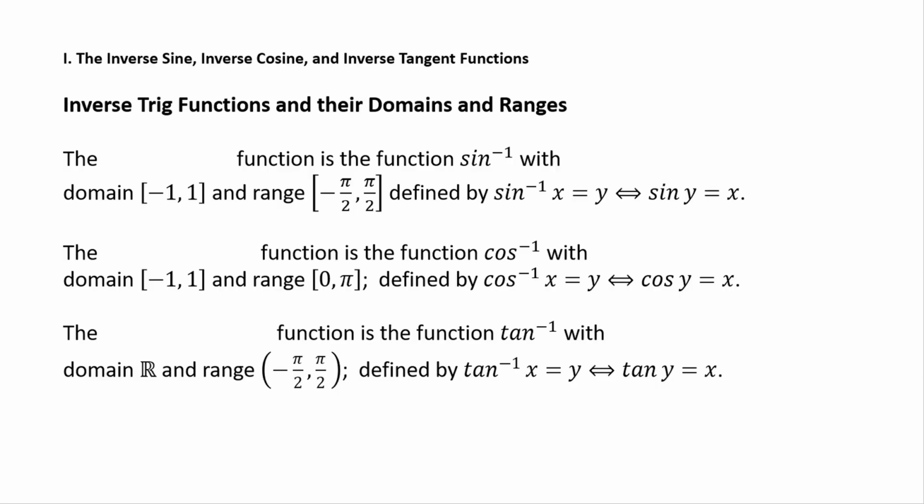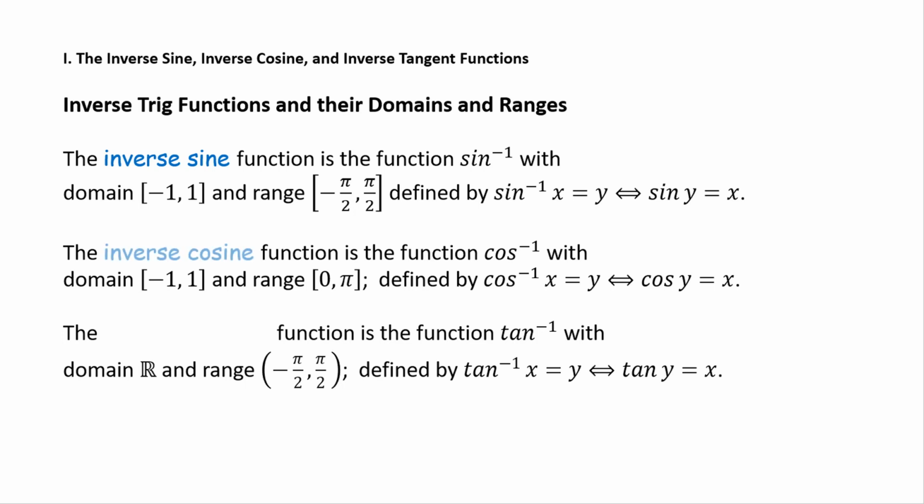Inverse trig functions and their domains and ranges. The inverse sine function is the function sine inverse, written sine superscript -1, with domain -1 to 1, endpoints included, and range negative pi over 2 to pi over 2, endpoints included, defined by sine inverse of x equals y if and only if sine of y equals x.